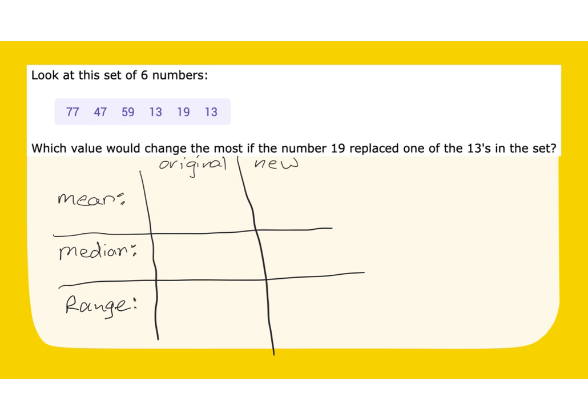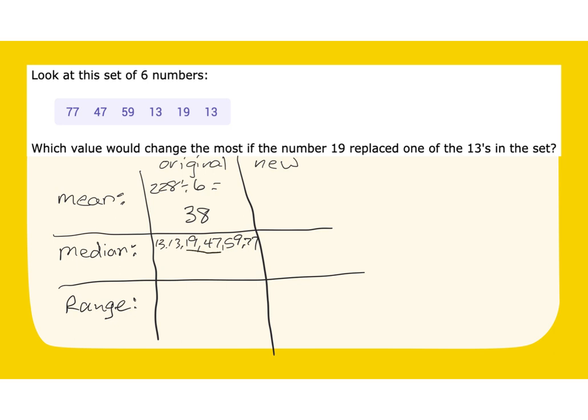All right, so for the original, if I add all those numbers together, I get 228, and there are 6 numbers, and that gives me a mean of 38. The median, if I put them in order, I've got 13, 13, 19, 47, 59, and 77.